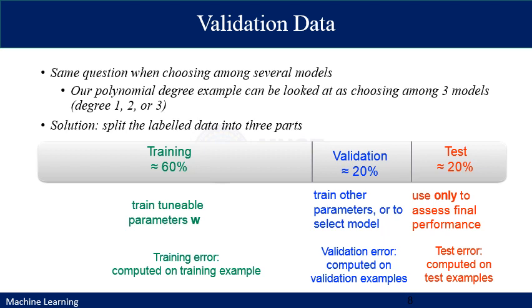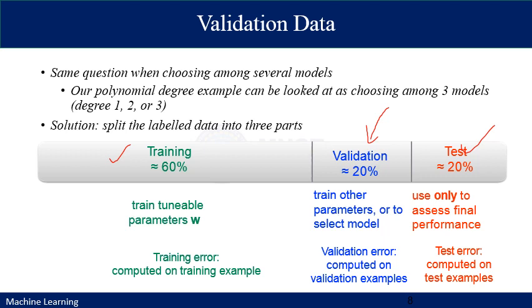The same question can be asked when choosing among several models. In our polynomial degree example, this can be seen as choosing among three models, for example degree 1, 2 or 3. To overcome this problem, another solution presented in the literature is splitting the data into three parts: the training examples, the test examples, and another set of validation examples.